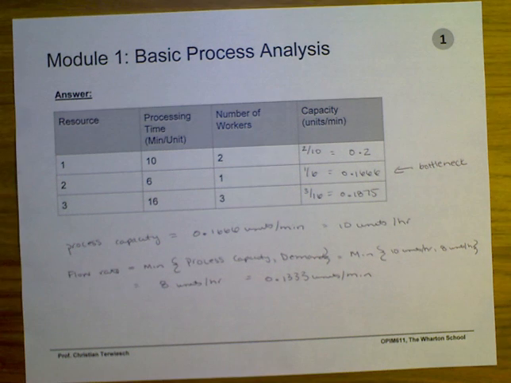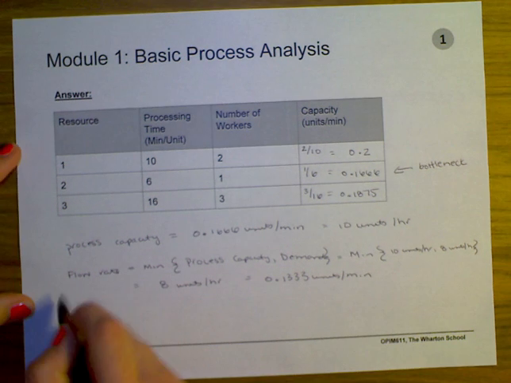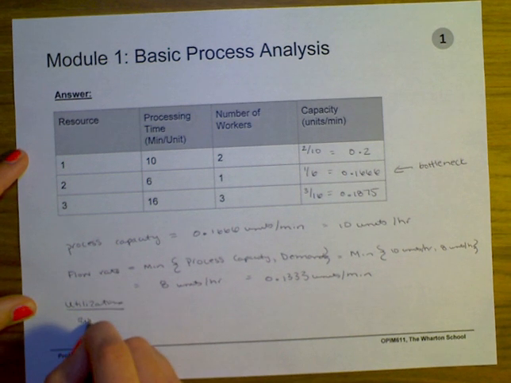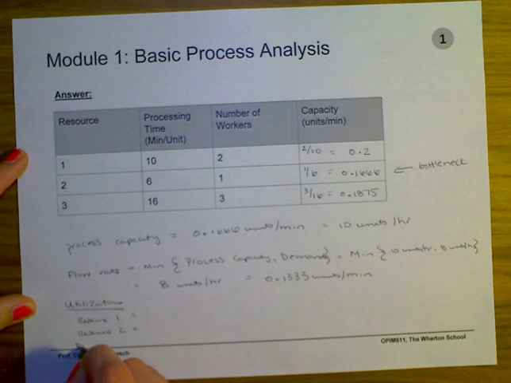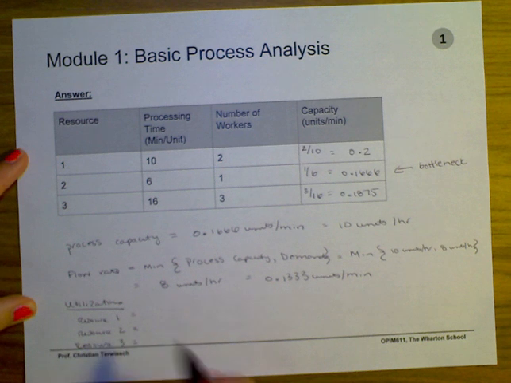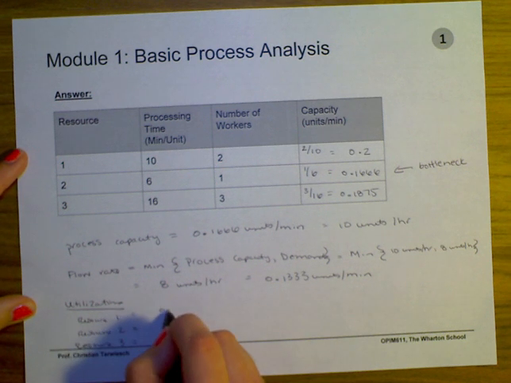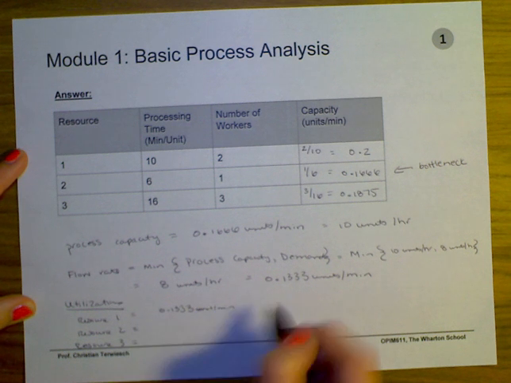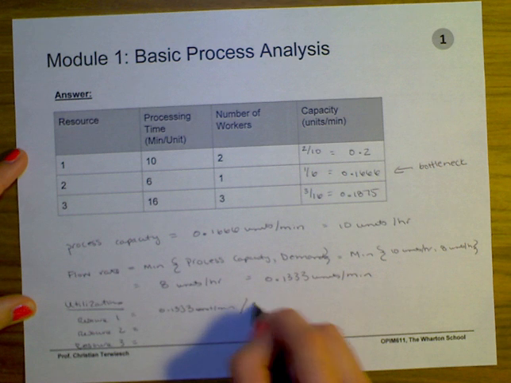And the last bit asks us to calculate the utilization of each of the resources, which is going to be that flow rate of the process over the capacity of each resource. So for utilizations, again, take the flow rate over the capacity of each.